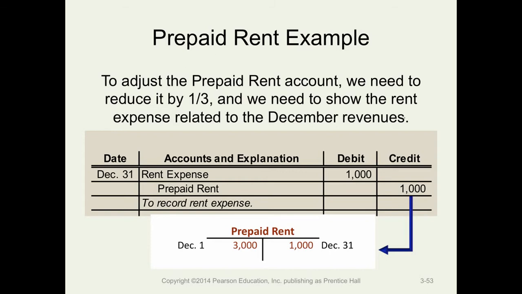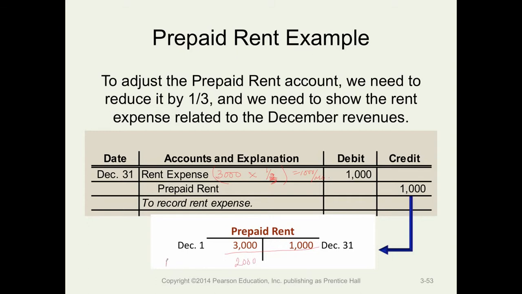Now, if you remember, we said that adjusting entries will be, and again, the prepaid rent was $3,000 for 3 months. 1 month passed. So it's 3 months, so it's $1,000 per month. At the end of December 31st, you used up 1 month.